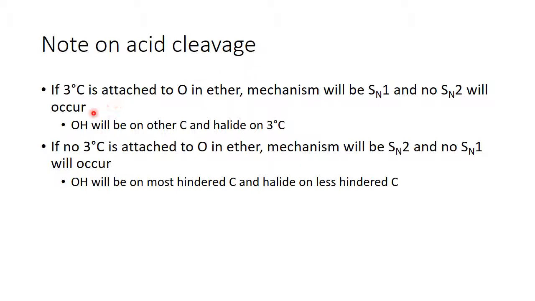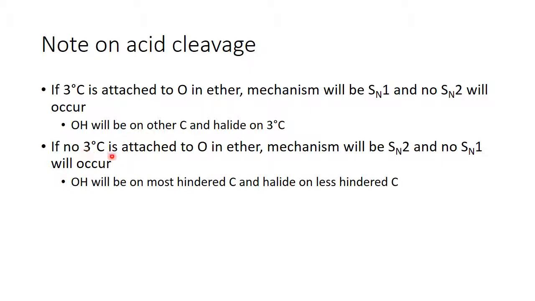Notice this. If a tertiary carbon is attached to the oxygen in an ether, the mechanism is going to be SN1 and not SN2. So if SN1 occurs with the tertiary carbon, the halide ends up on the tertiary carbon and the alcohol group will be on the other.